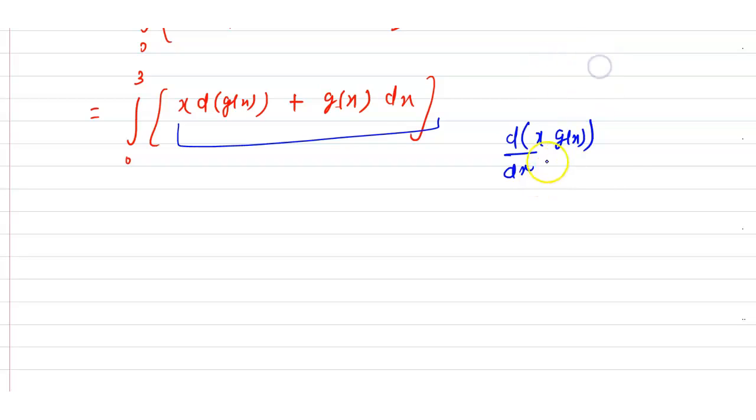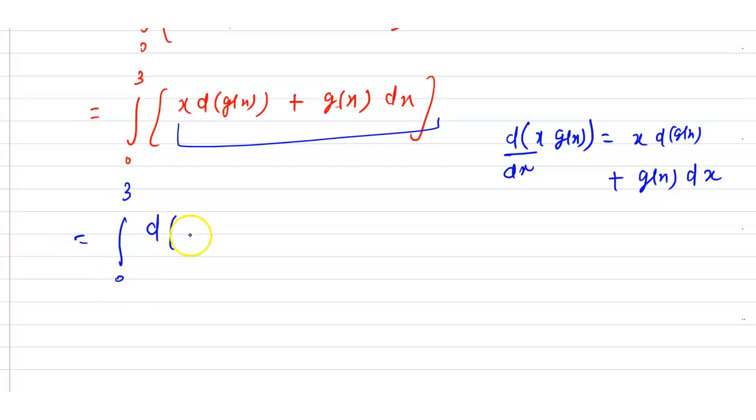First function as it is times differentiation of the second function, plus second function as it is, which is g(x), times differentiation of the first function. So I can write this as the integral from 0 to 3 of d(x g(x)).